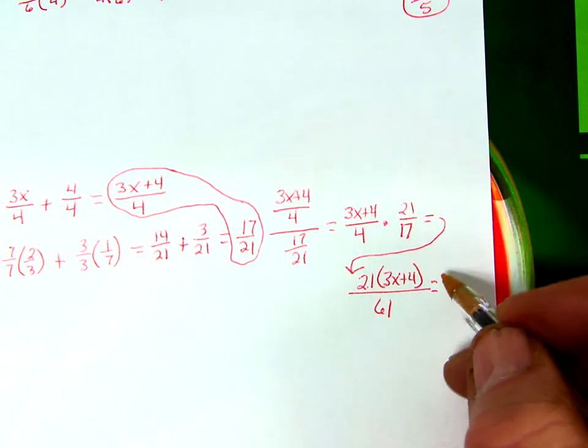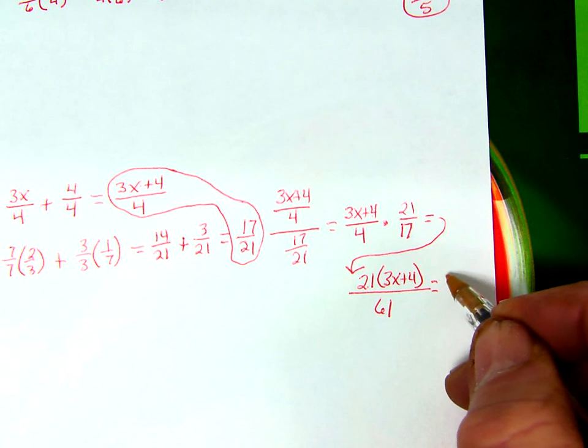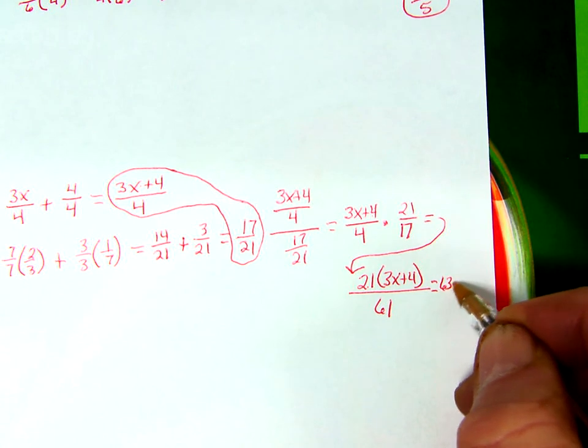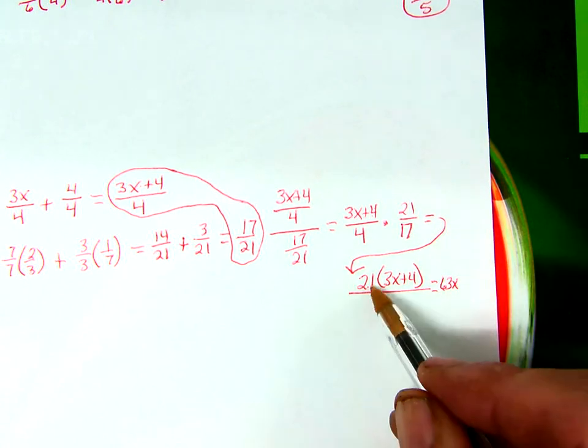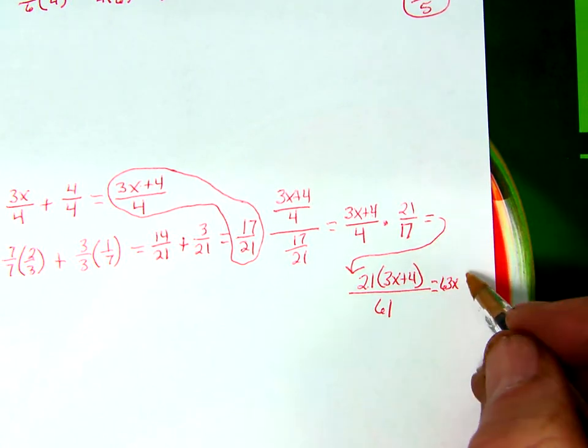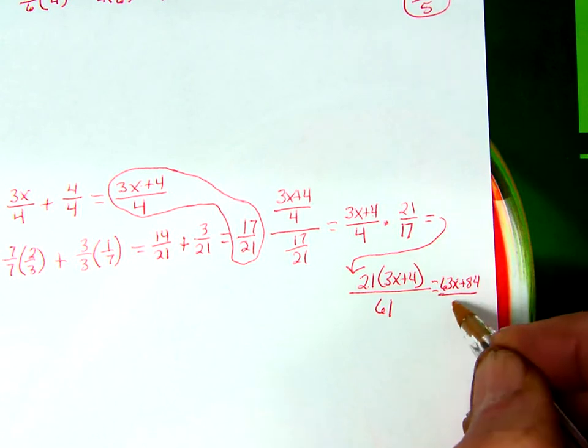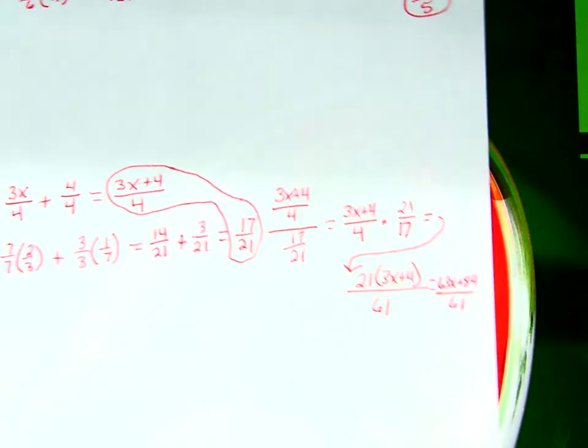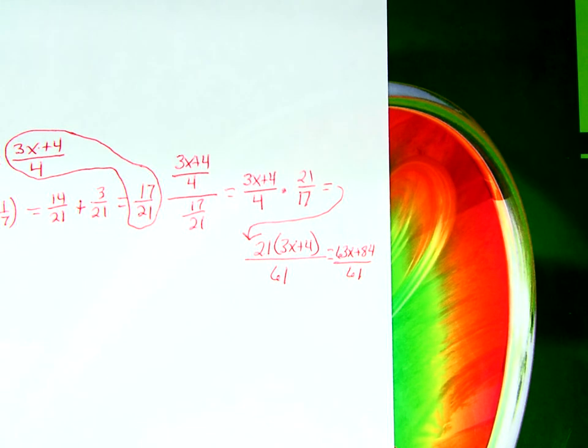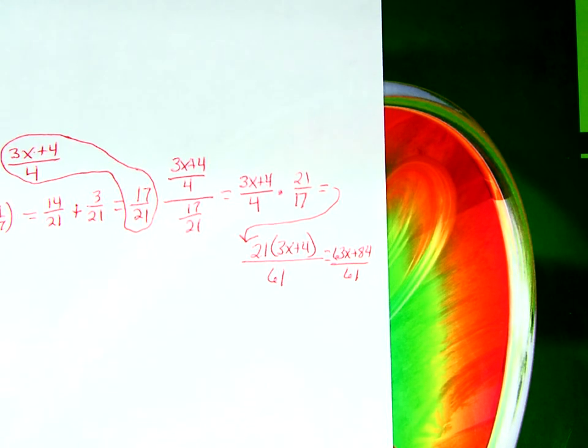21 times 3 is 63. 21 times 4 is 84 and the 61 on bottom. Can we reduce?